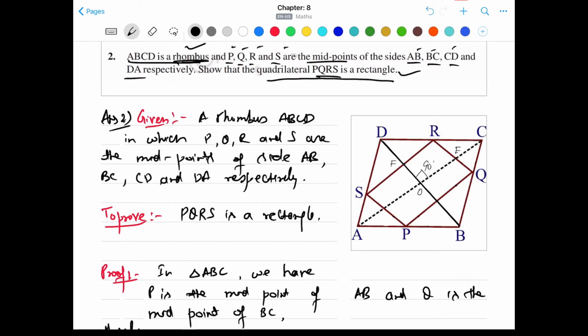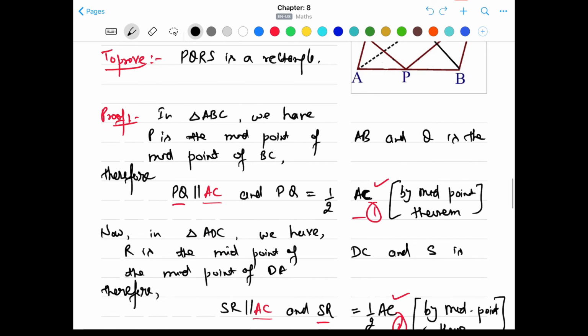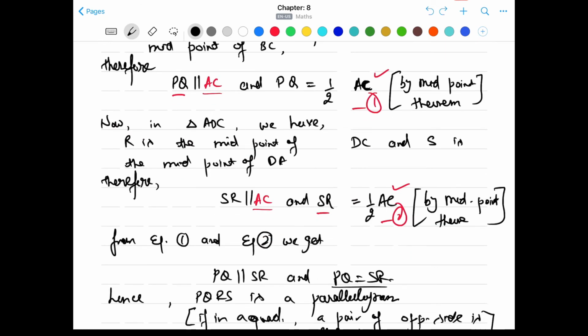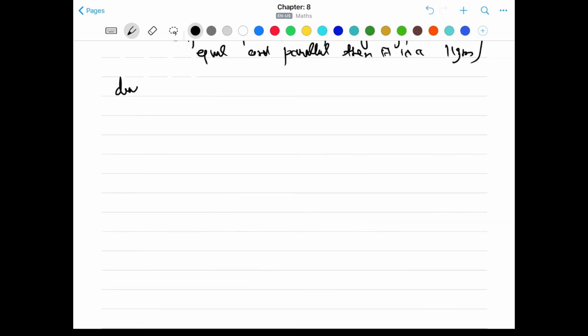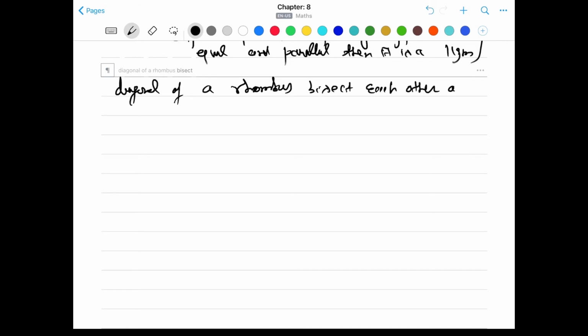So we got a quadrilateral EOFR. Now we're going to work in this quadrilateral. Let's write: the diagonals of a rhombus bisect each other at right angle.